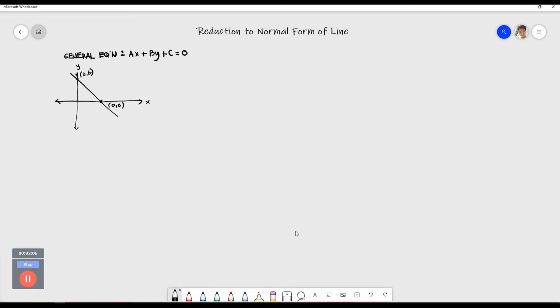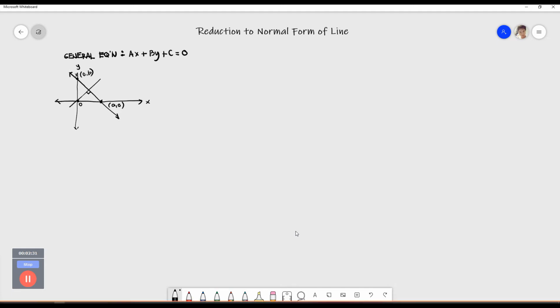And as you can see, let's say this is our origin. From the origin there is a line passing through the origin and intersecting the given line, and this line is perpendicular to the given line, ax plus by plus c is equal to 0.